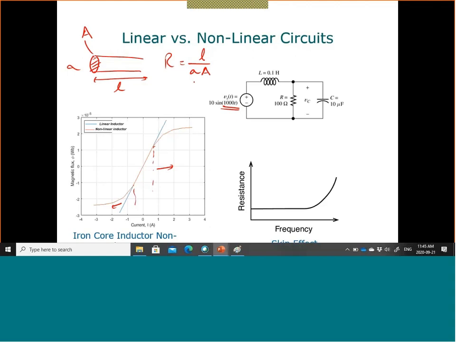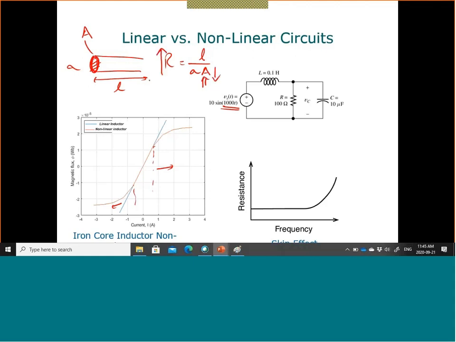Now, if you have very, very high frequency, you have something called the skin effect. What is the skin effect? It means that the current will concentrate in the outer layer of the conductor only. Most of the current will be here, no current will be there. So the effective cross-sectional area will be smaller, and this will lead to the resistance increasing.